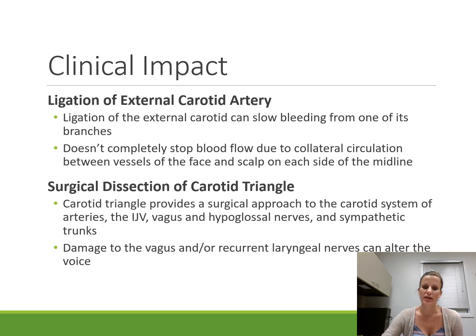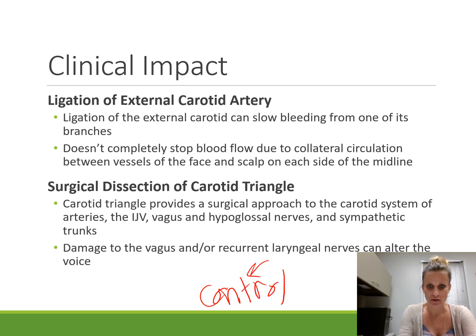However, you have to be really careful of damaging the vagus or the branch of the vagus nerve, the recurrent laryngeal nerve, as they run through this area. Damage to either of these nerves will end up altering the voice because these are what control or innervate the laryngeal muscles.